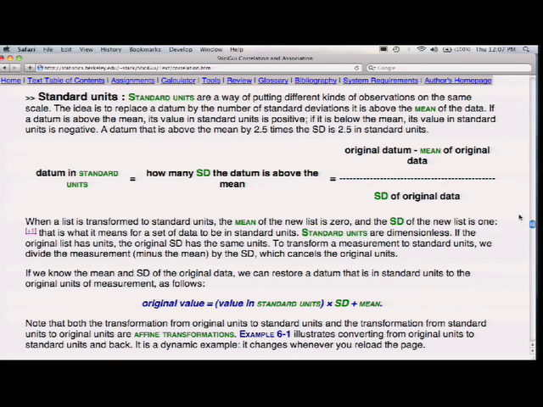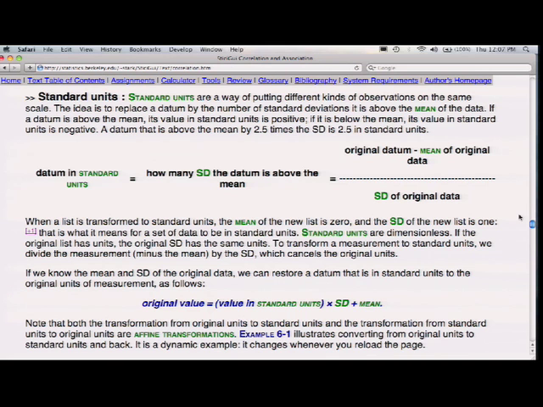Okay, if I take value minus the mean divided by the standard deviation, I can write that as a constant times the value plus a constant, right? So what's the constant times the value? That's the same as 1 over SD times the value minus the mean over the SD, right?